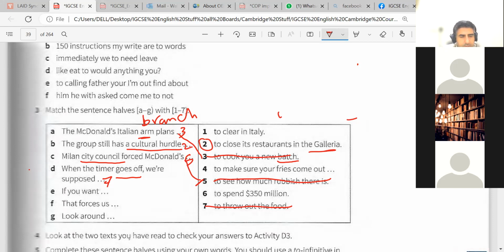Right. So look around to make sure your fries come out. This is 4. That forces us to spend 300 million, 6.